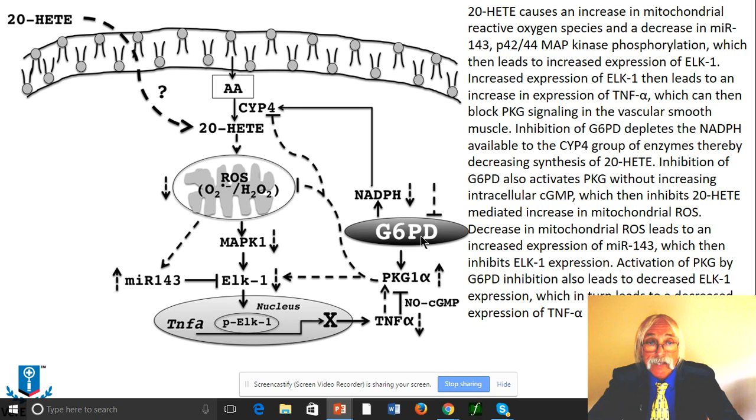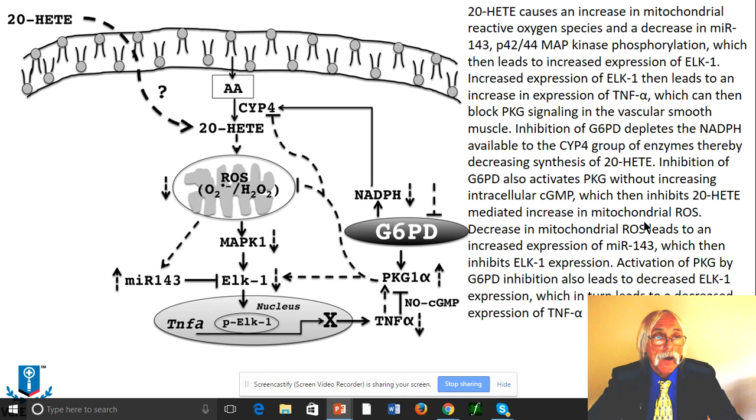Why? Because now what happens is that you've got no more glucose 6-phosphate dehydrogenase, you've got no more NADPH, no more CYP4 activity, cytochrome P450 oxygenase activity, no more HETE production, no more active oxygen. Boom, you don't do any of this either. Okay?